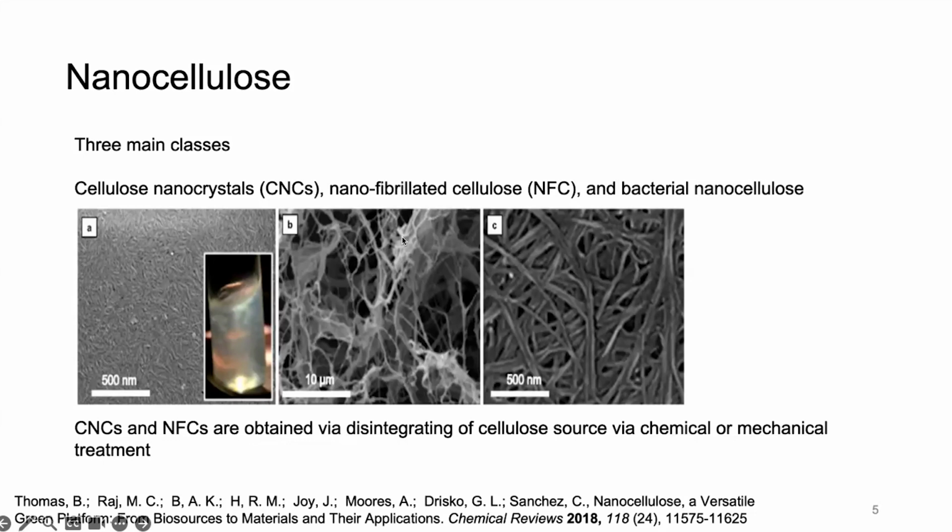NFC is entangled cellulose fibers, and bacterial nanocellulose has very nice looking fibers. Bacterial nanocellulose we can extract from bacteria, but the nanocrystals and NFC, we can get from treating cellulose sources with chemical and mechanical treatments.